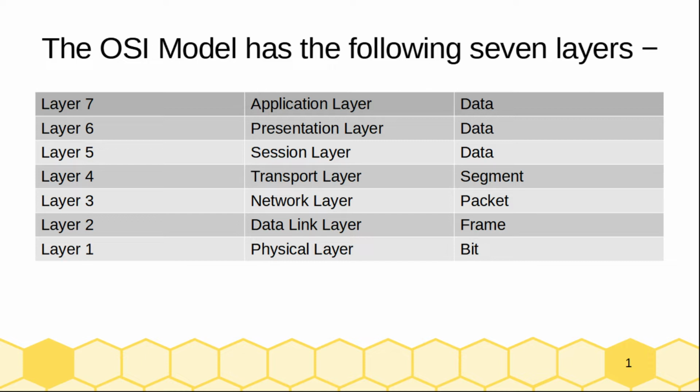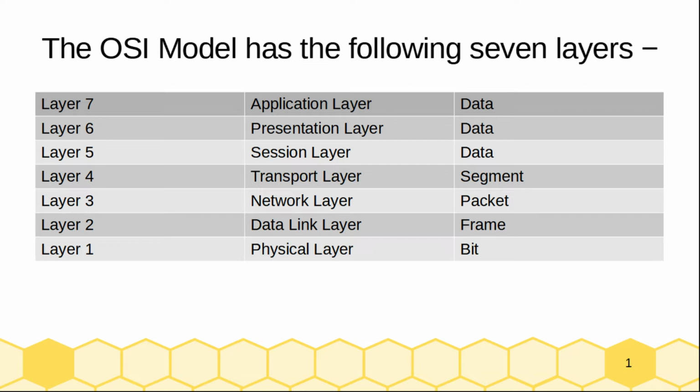On the topmost is the application layer, also known as layer 7, and the presentation layer, also known as layer 6, session layer, also known as layer 5, transport layer, also known as layer 4, network layer, also known as layer 3, data link layer, also known as layer 2, and physical layer, also known as layer 1.